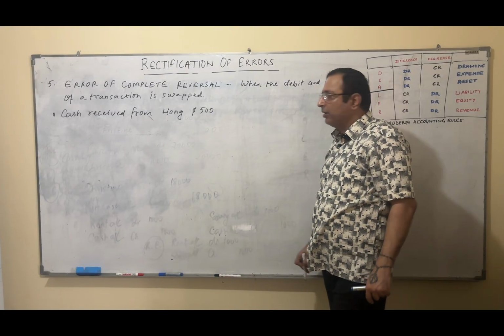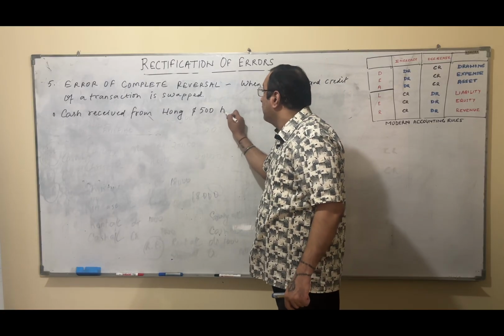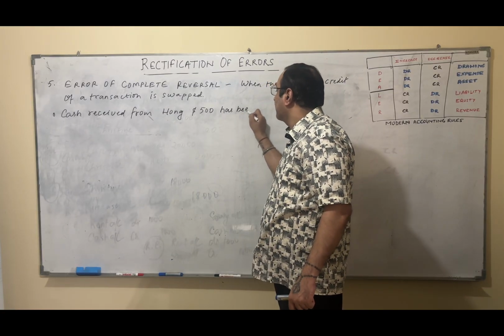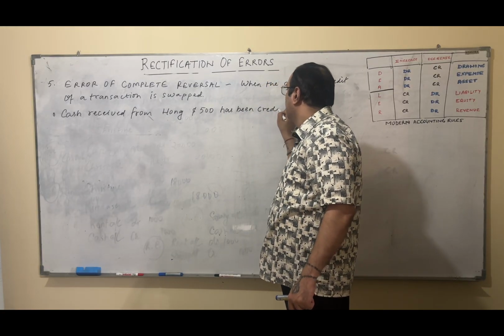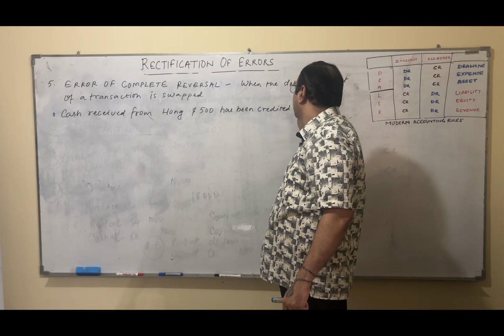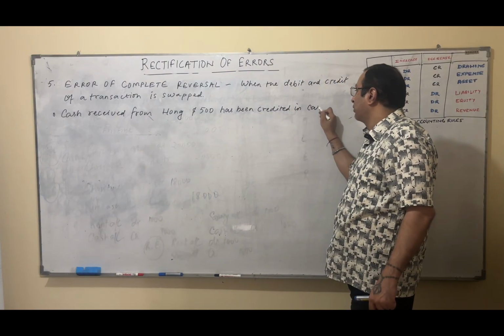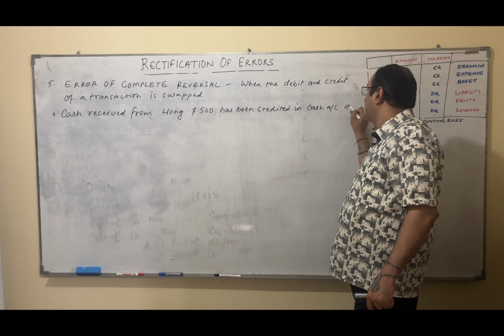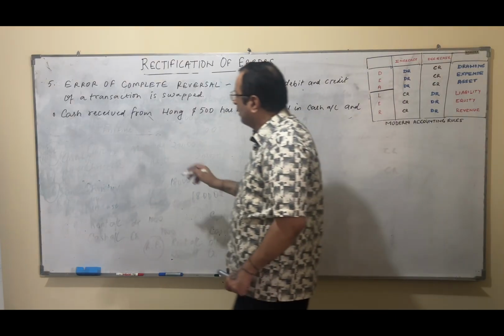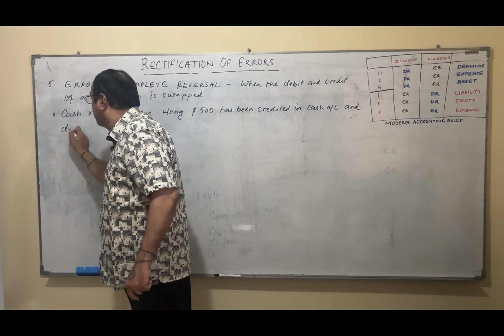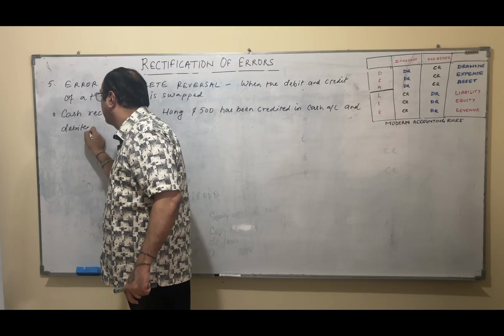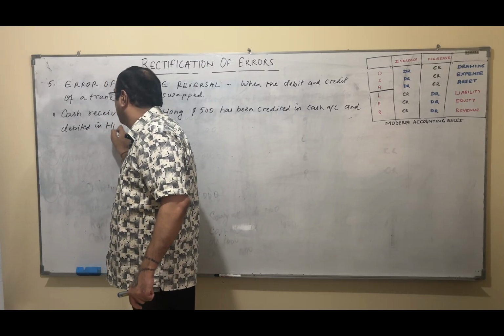Asset cash increase, debit. But it has been credited in cash account and debited in Hong's account.